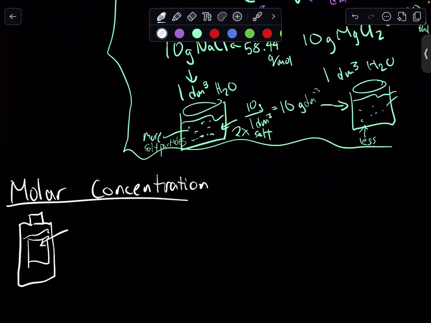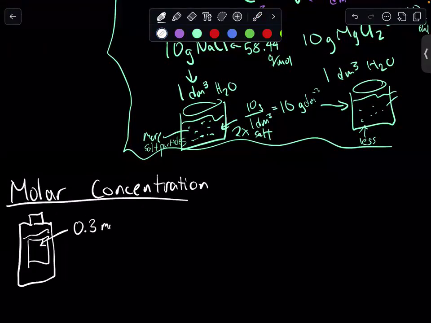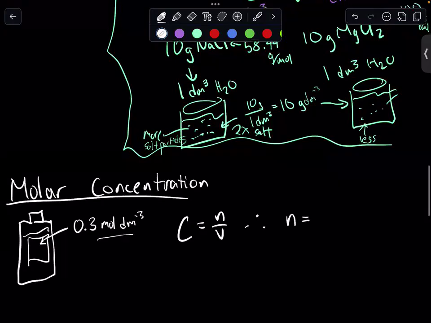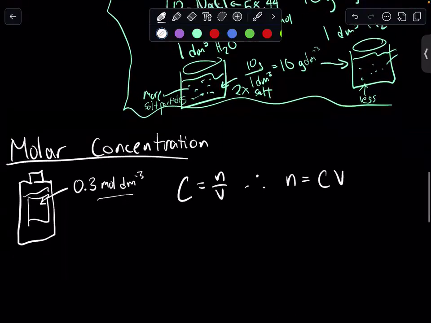And then it's going to have some numbers like 0.3 mole decimeter inverse cubed. That's what it's going to say in your chem lab. It will always give you a molar concentration. So that's what we're going to use. Once again, that equation is concentration is equal to moles over volume, or in other words, moles are equal to concentration times volume.